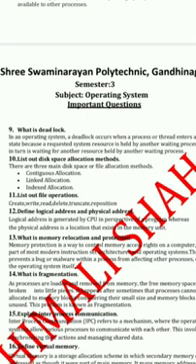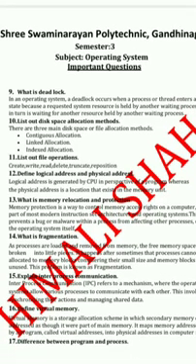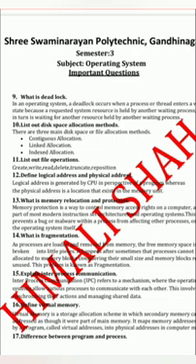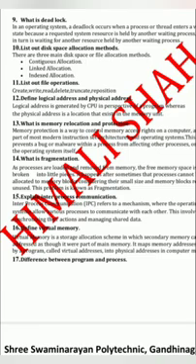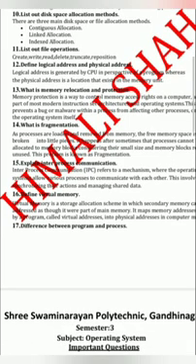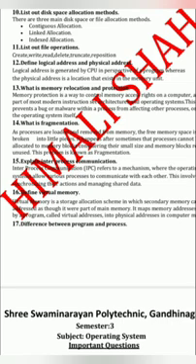Tenth, list out the space allocation methods. Eleventh, list out the file operations. Twelfth, define logical address and physical address. Thirteenth, what is memory relocation and protection. Here mention only what is memory protection. Next, what is fragmentation. Fifteenth, explain inter-process communication, or explain IPC.